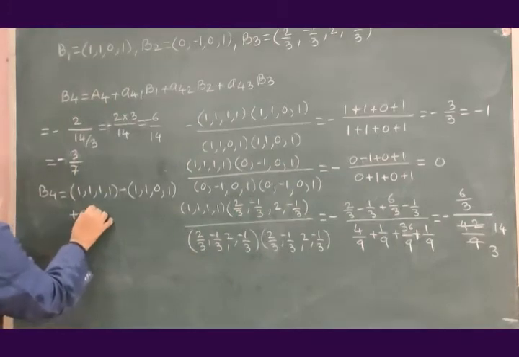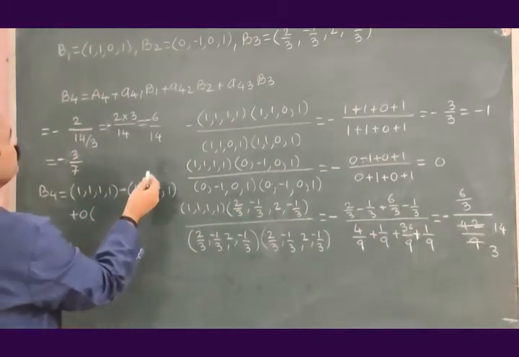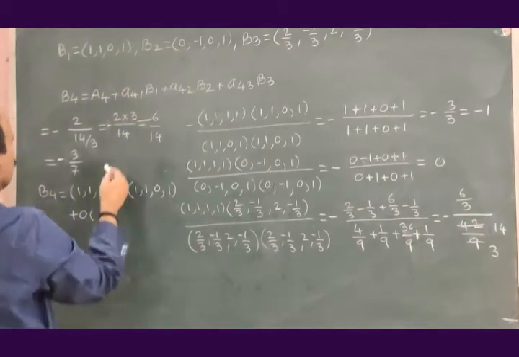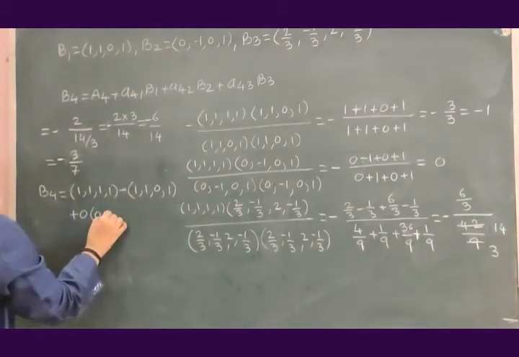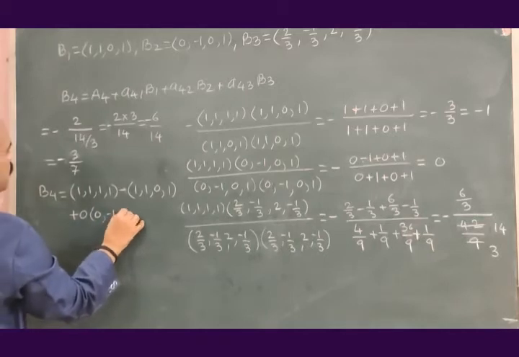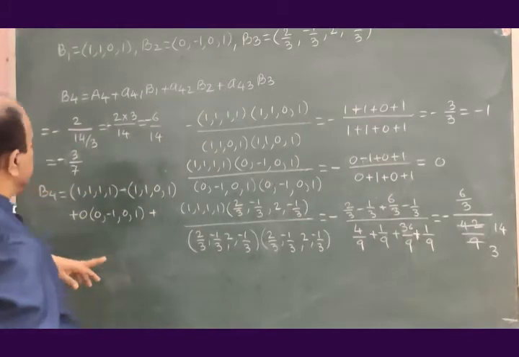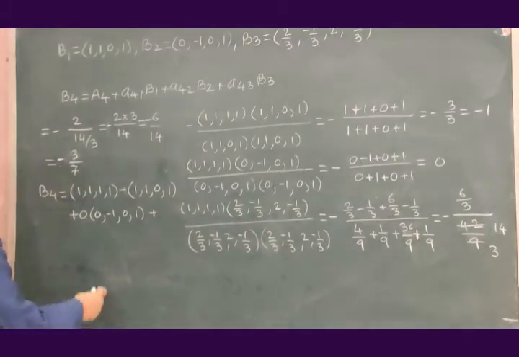So this 0 multiplied by B2. What is B2? This one 0, minus 1, 0, 1 plus A43 B3. A43 is minus 3 by 7.